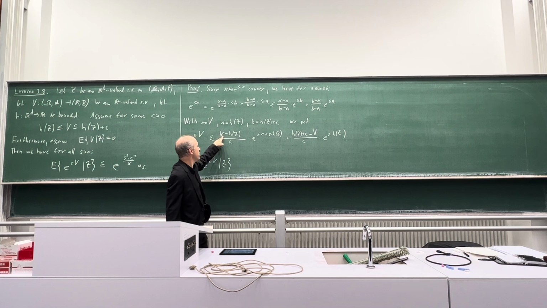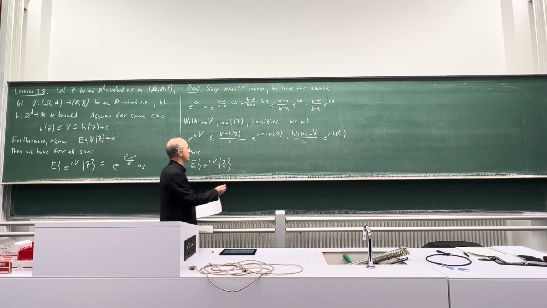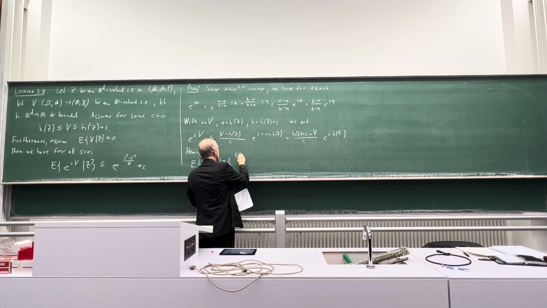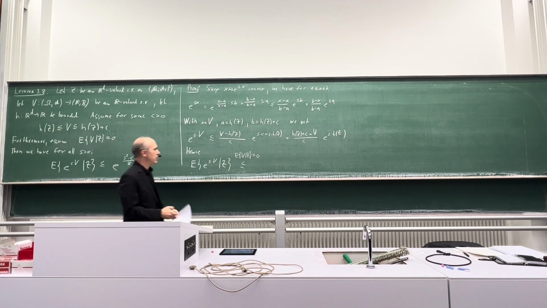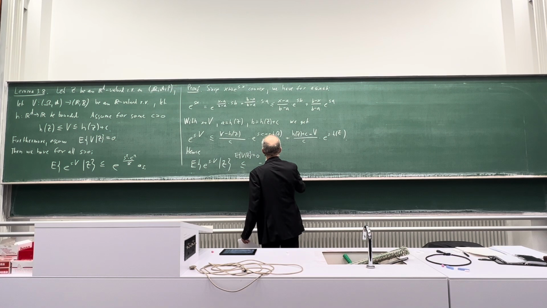Then you can move the conditional expectation to v, and we can use that the conditional expectation of v given z was 0, and then you see what the whole thing is minus h of z divided by c times e to the power s minus c plus s minus h of z.